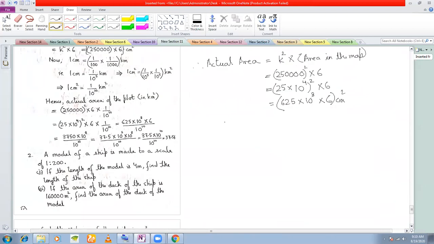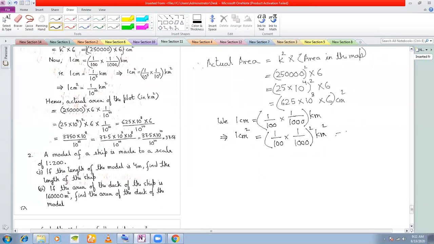So we have 1 centimeter is equal to 1 by 100 into 1 by 1000, this much kilometer. That means what is 1 centimeter square? 1 centimeter, you square both sides, 1 by 100 into 1 by 1000 square, this much kilometer square.